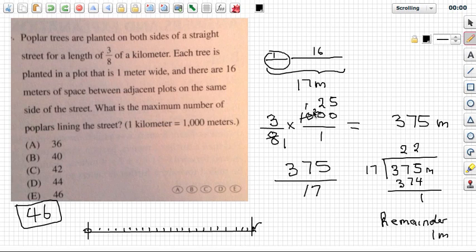So be very careful about doing simple math and coming to a conclusion. Remember, the question did not say that each plot is followed by a space, so there is no need for a space after the last plot. There is a space only between pairs of plots. Since there's no plot after the last one, there is no need for a space there.